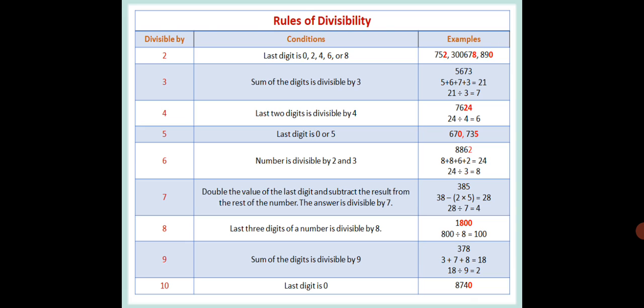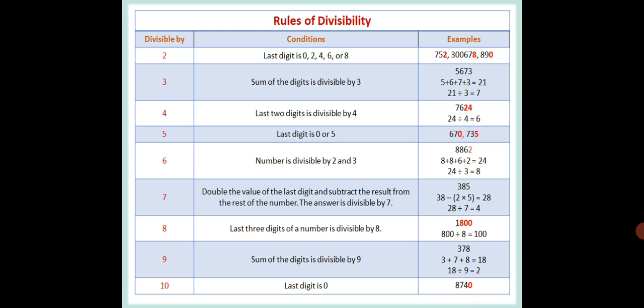Now how do I come to know that this number is divisible by 2 or not? 752 will be divisible by 2 if the last digit is 0, 2, 4, 6 or 8. Here, children, I am getting that the last digit is 2. That means 752 is divisible by 2.